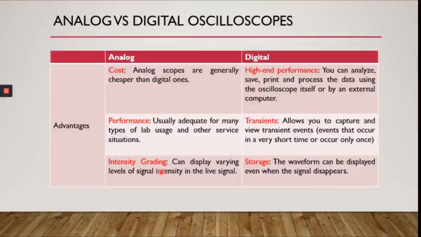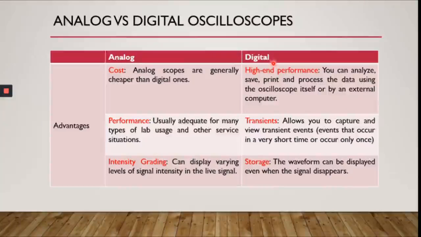So you can see directly whether the signal is strong or not from the intensity of the beam that you see on the screen. This is not available for digital oscilloscopes. Of course, advanced digital oscilloscopes also have this ability, but I'm talking about normal digital storage oscilloscopes.